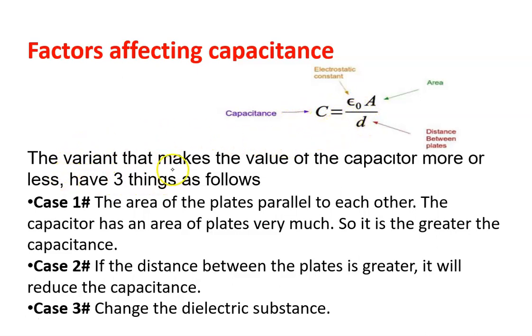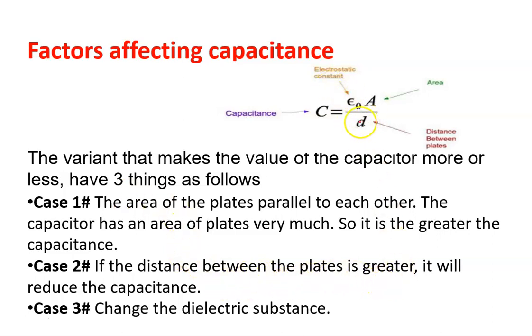The variables that make the value of capacitance more or less are three things, as follows. First one is the area. As C is directly proportional to area, capacitance will increase if the area of the plates is increased. Second factor is the distance between the plates.